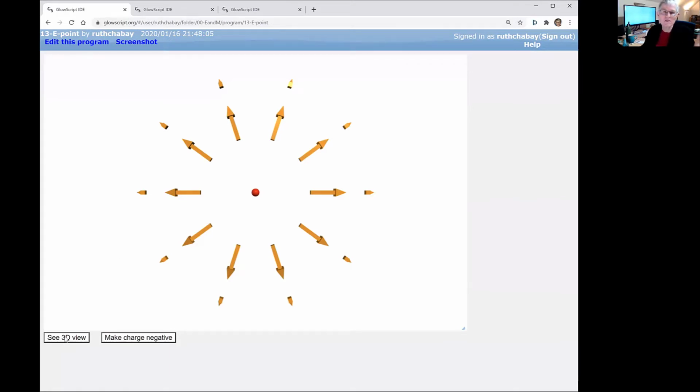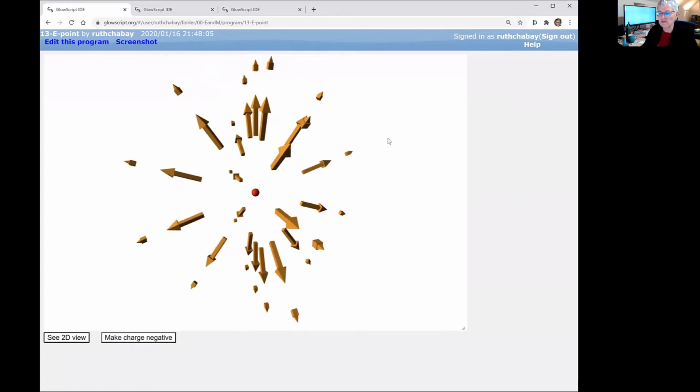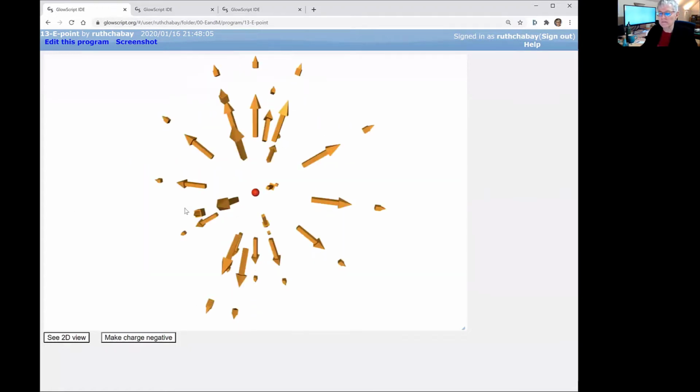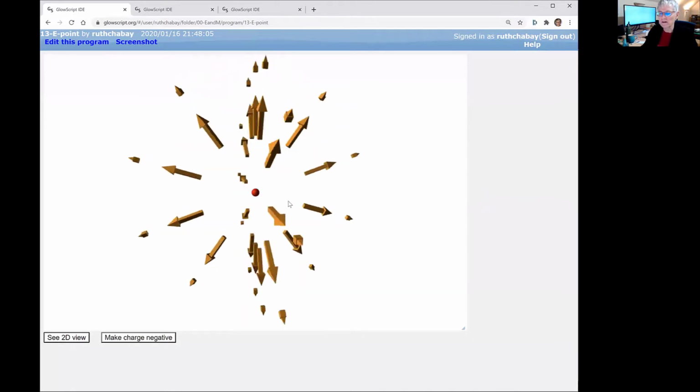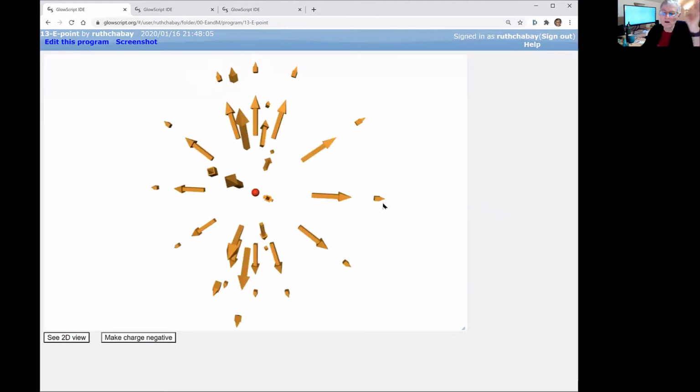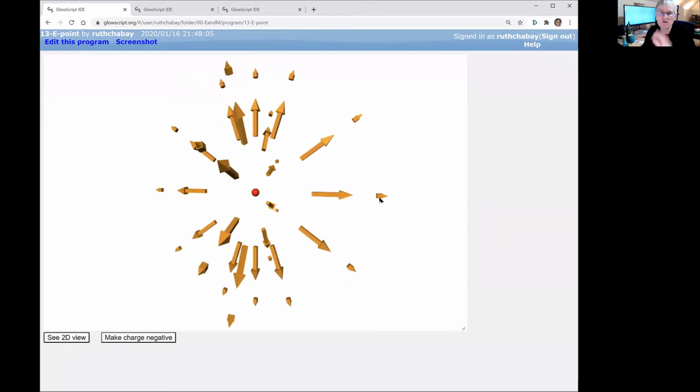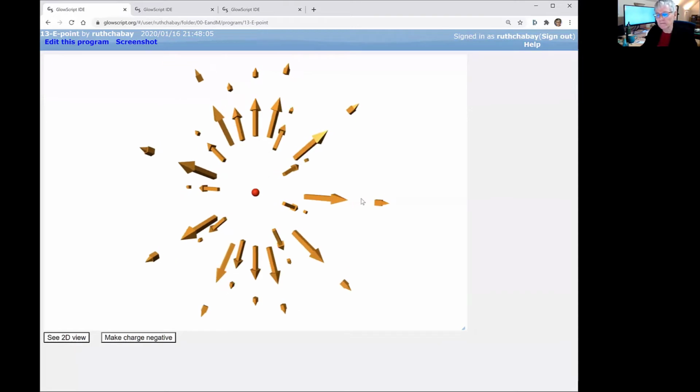And of course, it's not just true in the plane, it's true everywhere. So if we add observation locations in the YZ plane, we find the same pattern, and we could add observation locations all over the surface of a sphere, and we'd find it pointing away.